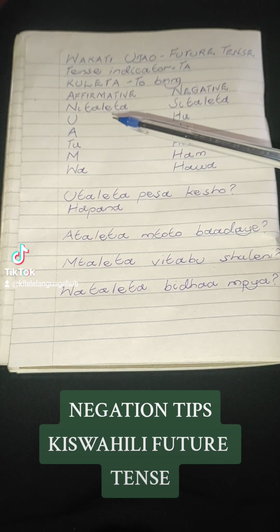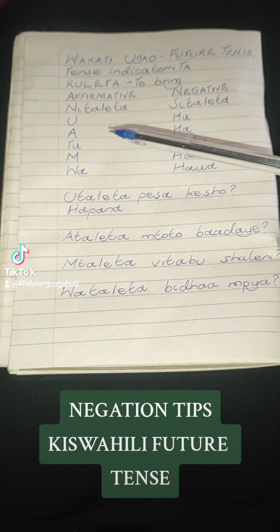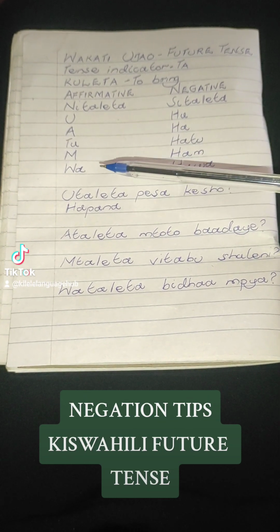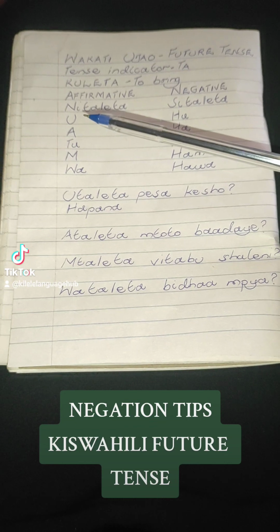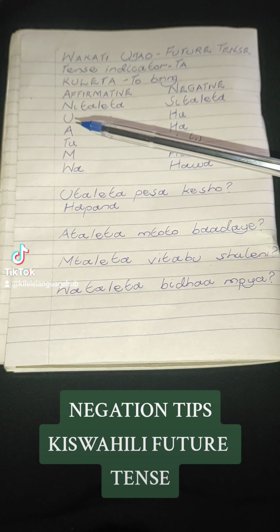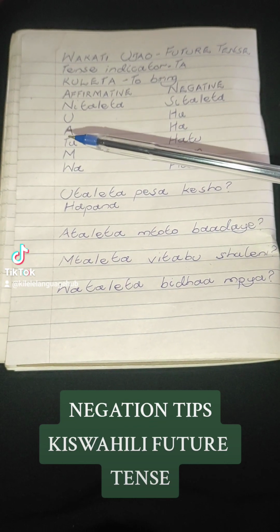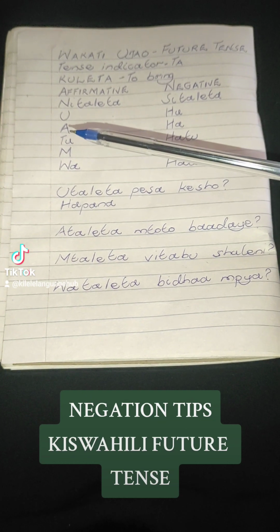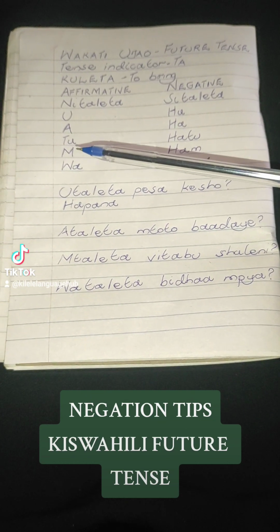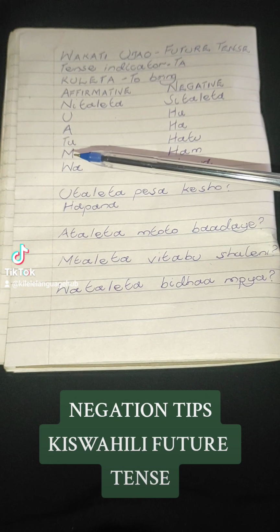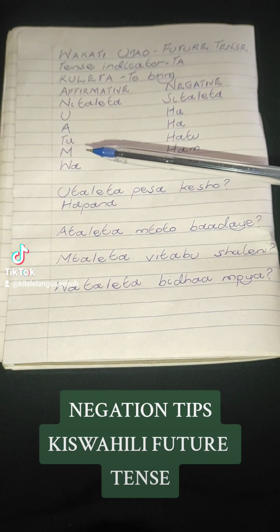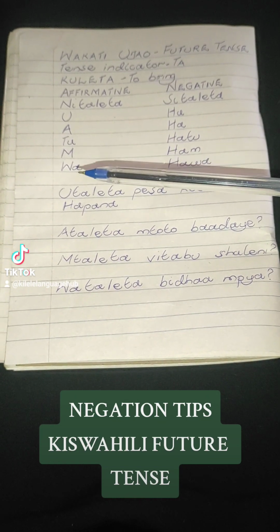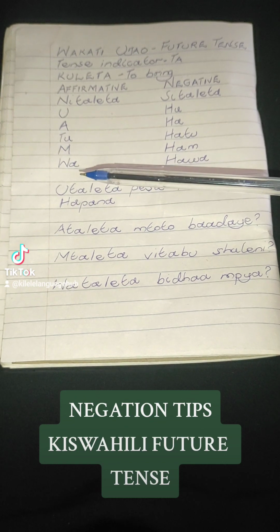So when you look on the affirmative side, we first of all have to identify our pronouns. Ni stands for I. U stands for you, one person. A stands for he or she. Tu stands for we. M stands for you, many people, plural. And then wa stands for they.